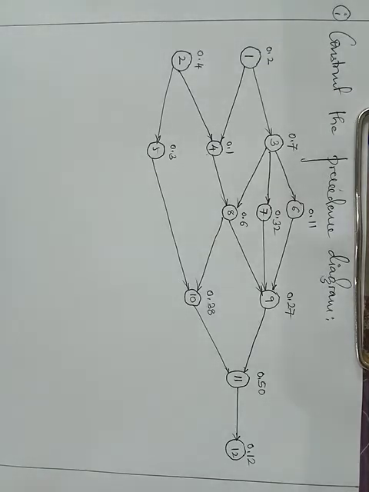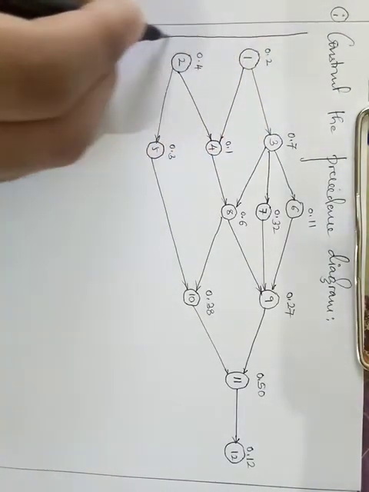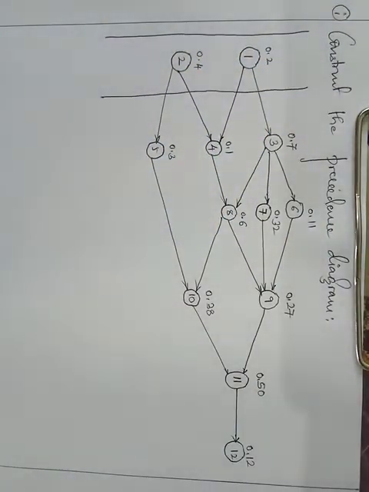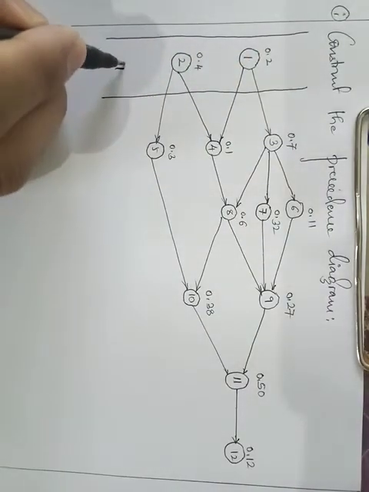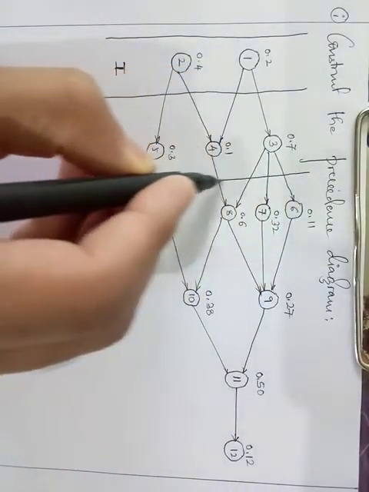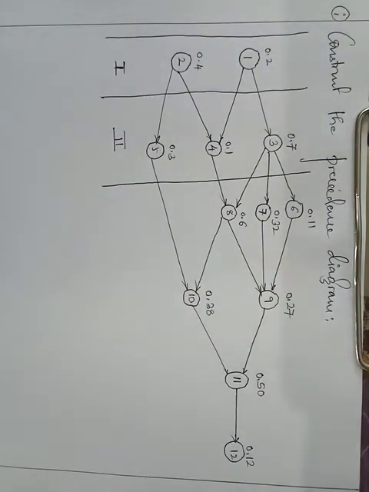What you need to take care while drawing the precedence diagram for the KW method is that elements which are having common predecessors should fall in the same vertical column. Okay, now I'll be drawing a few vertical columns over here. These two elements I take as column 1. These three elements I'll take as column 2.